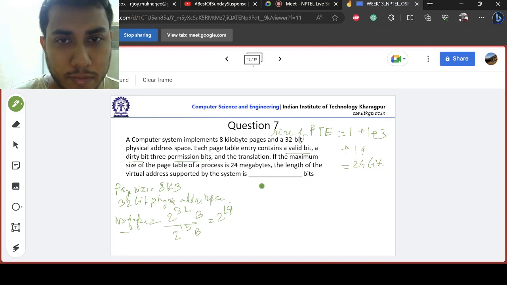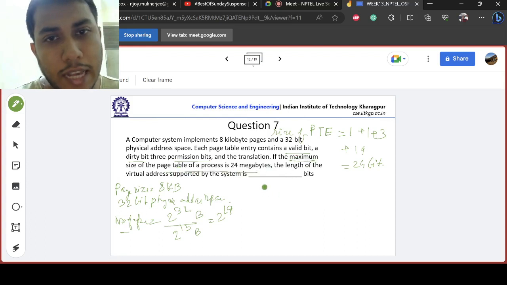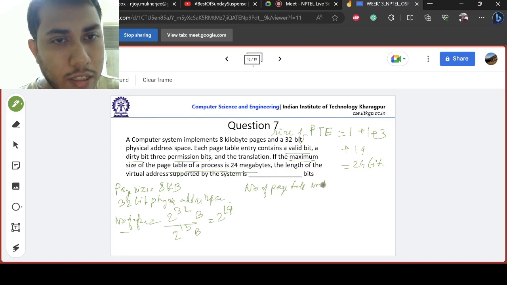Now the maximum size of the page table is given as 24 MB. So the total size of the page table is given, and the size of each PTE we have. So we need to find the number of page table entries, which is basically the number of pages, right?